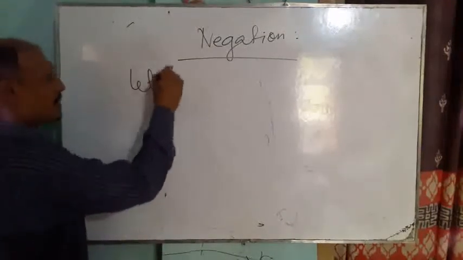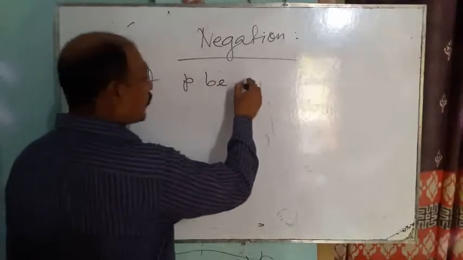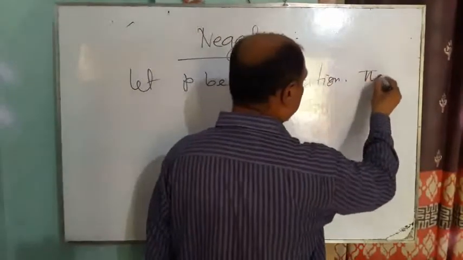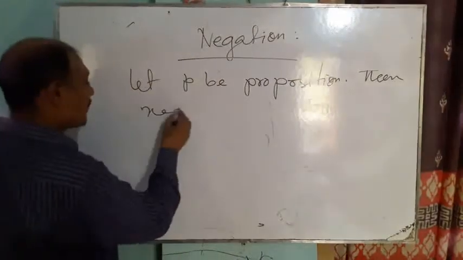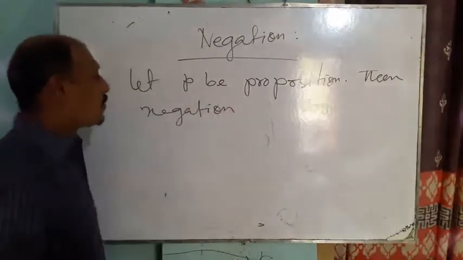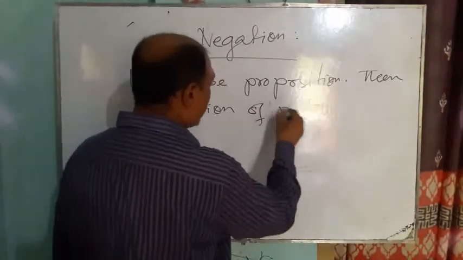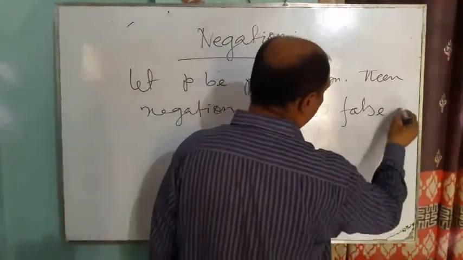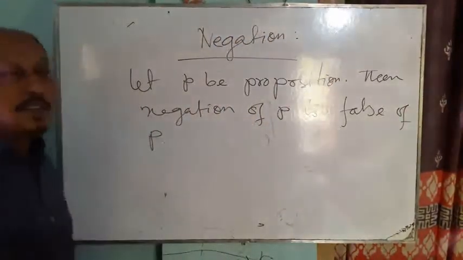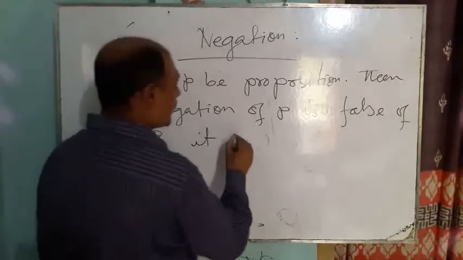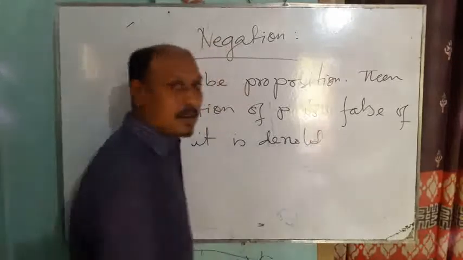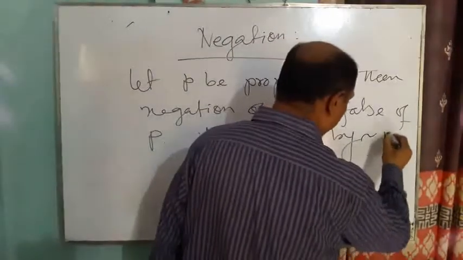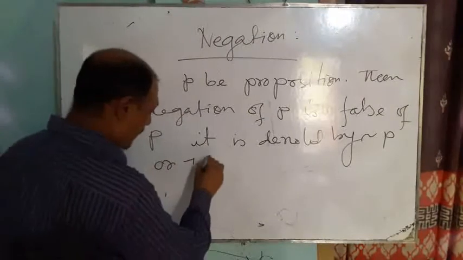Let P be a proposition, then the negation of P is the false of P. It is denoted by negation of P or negative of P.